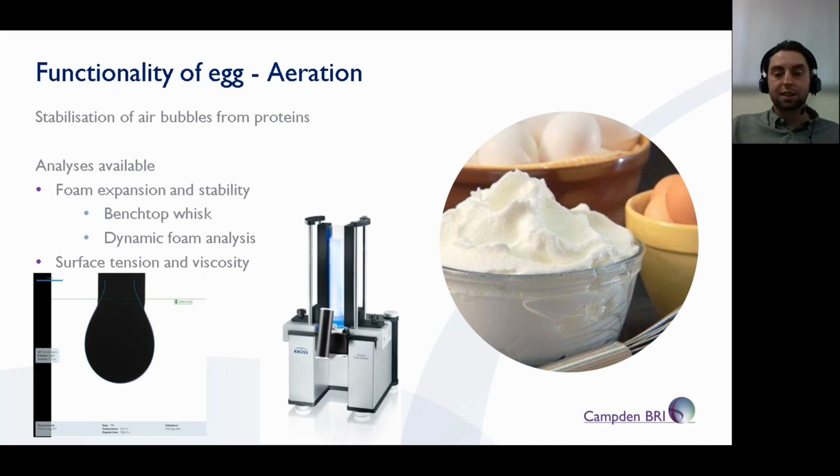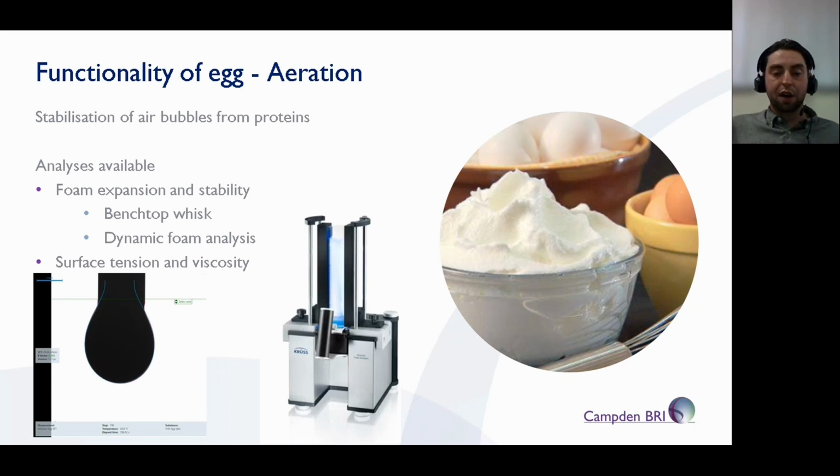If you have a stiff foam like you do there, you may have to do a calculation by filling a known volume and measuring the weight, and that way you can measure what's called the overrun. It's a way of extrapolating the foam expansion. If you know the weight of the starting egg and you know the weight of the final whipped egg of a known volume, you can calculate overrun or foam expansion.